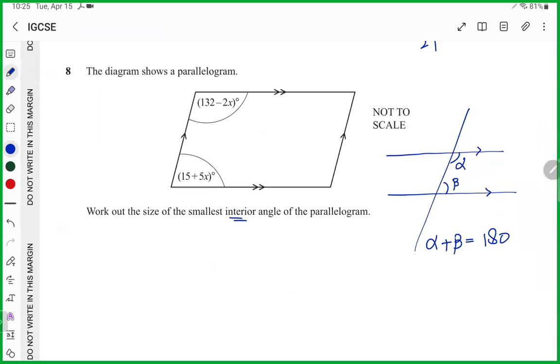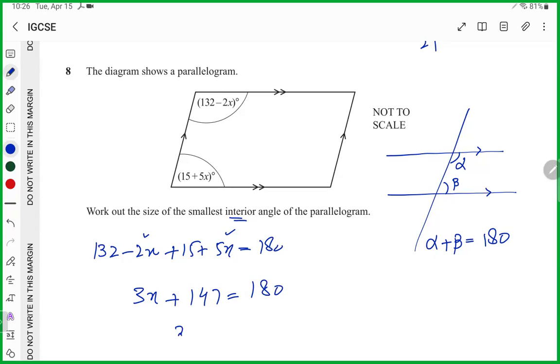Okay, alpha plus beta is equal to 180, so it's going to be 132 minus 2x plus 15 plus 5x is equal to 180, so that is 3x plus 147 is equal to 180. So 3x is equal to 180 minus 147.